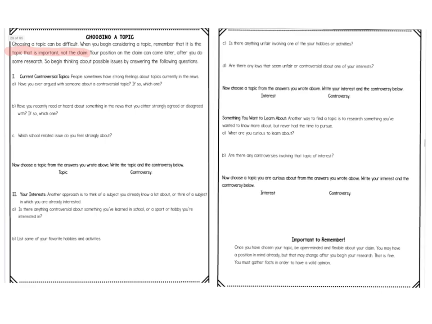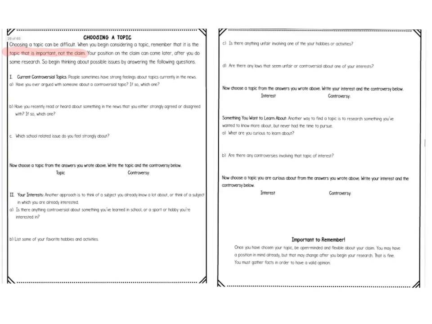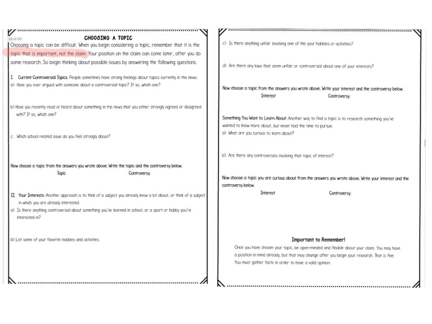One of the ways that you can find a topic is to look at current controversial topics. Another thing you can look at is your interest. Then maybe just something you want to learn about. So those are 3 different ways that you can find a topic.